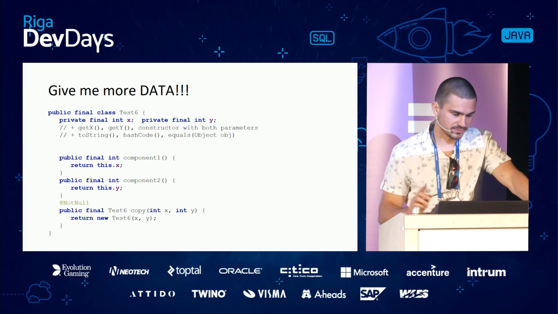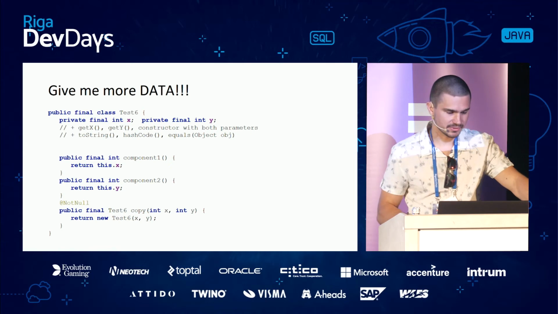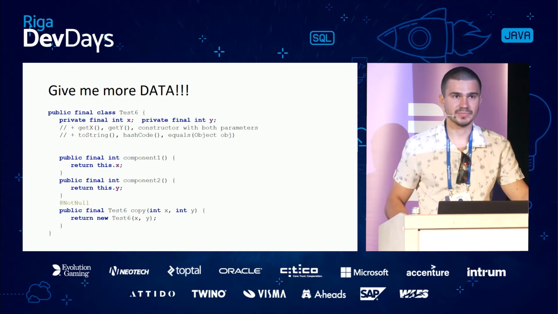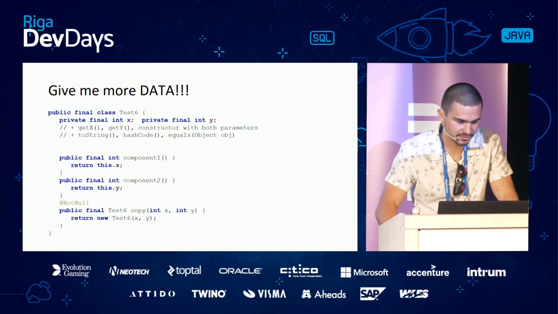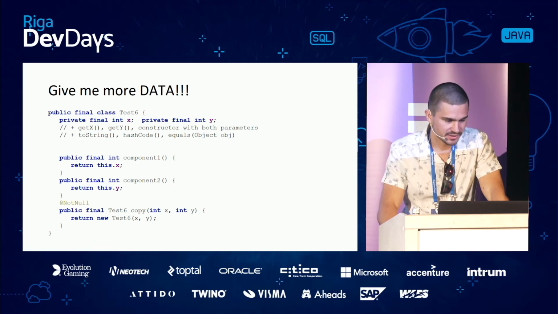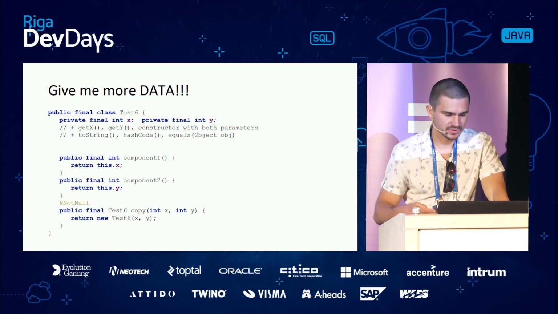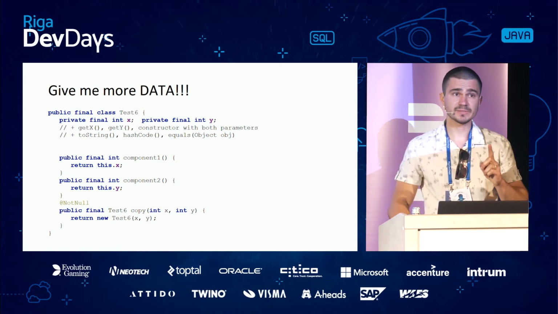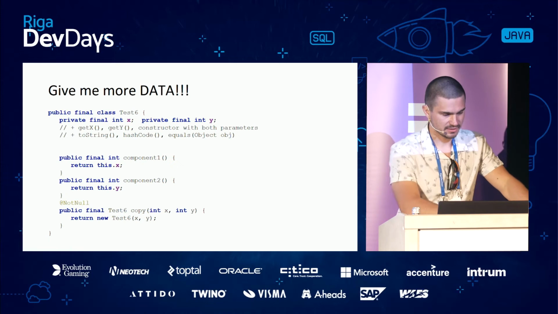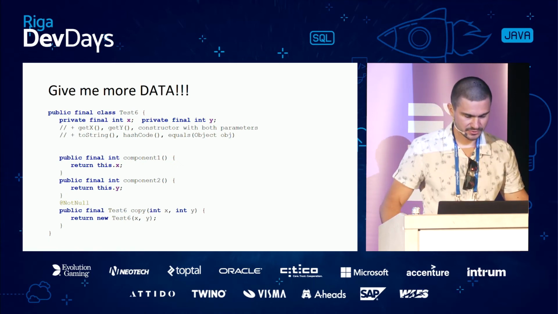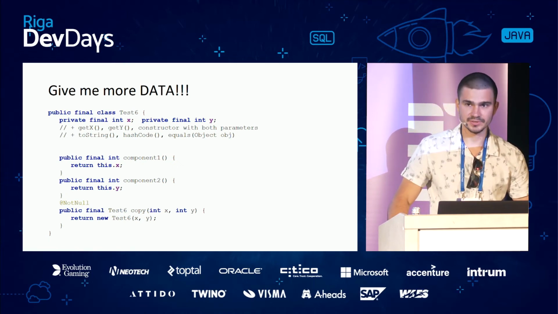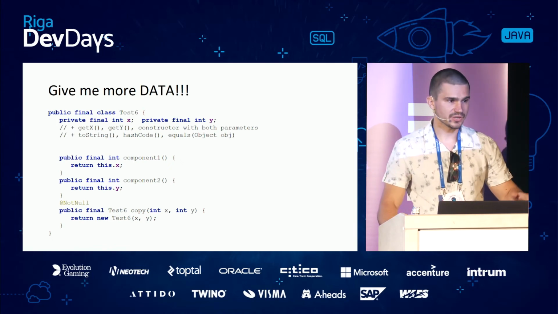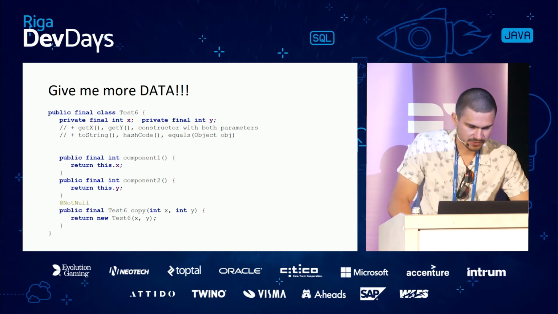And also, what is interesting, you will have something that has no equivalent in Java: component methods. As you can see, we have component1 and component2 here. Why 2? Because we have 2 fields. For each field, we will have a component method. I will explain what it means on the next slide. From this slide, you also need to notice that we have a copy method here. It just makes a shallow copy of your object.